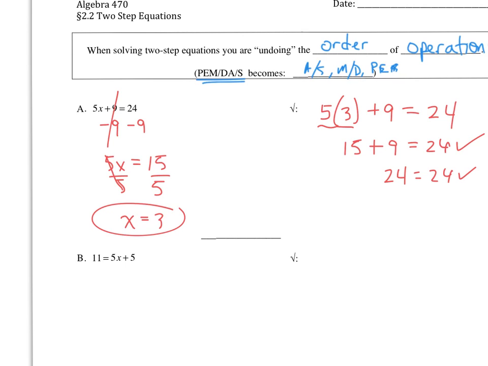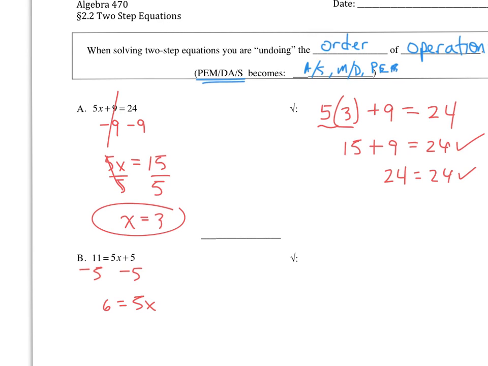All right. So B, to give you an opportunity to see what you can do and to talk it out, try B on your own and discuss with the people around you. What are we getting for this one? Some people are getting 1.2, and some people are stopping, and this is why. You're subtracting 5, you're getting 6 equal to 5x, and I see some people stopping there and thinking they did something wrong.